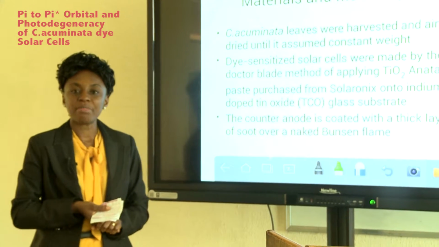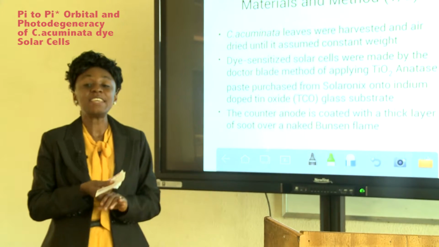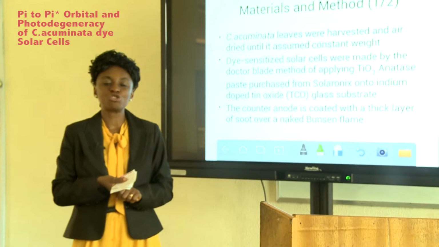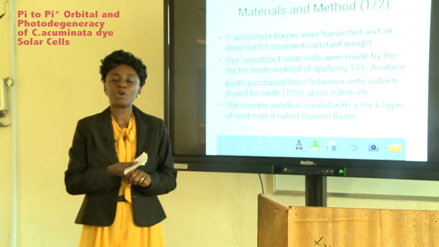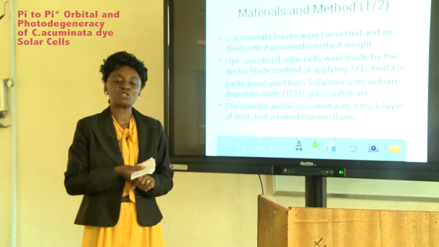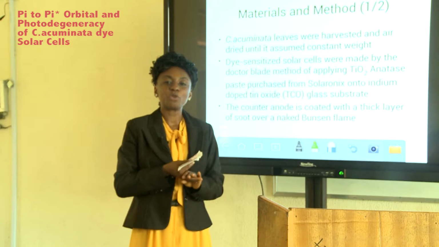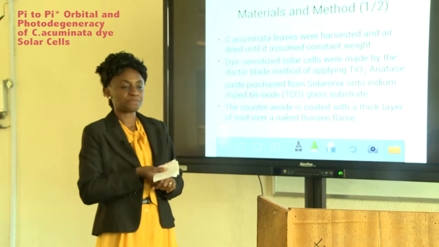My materials and method. The C.acuminata dye was obtained from the leaves. They were harvested, and when they were harvested, they were dried in a condition that is devoid of direct sunlight, so as not to tamper with the chromophores. When they were dry and had assumed constant weight, the leaves were weighed and milled.